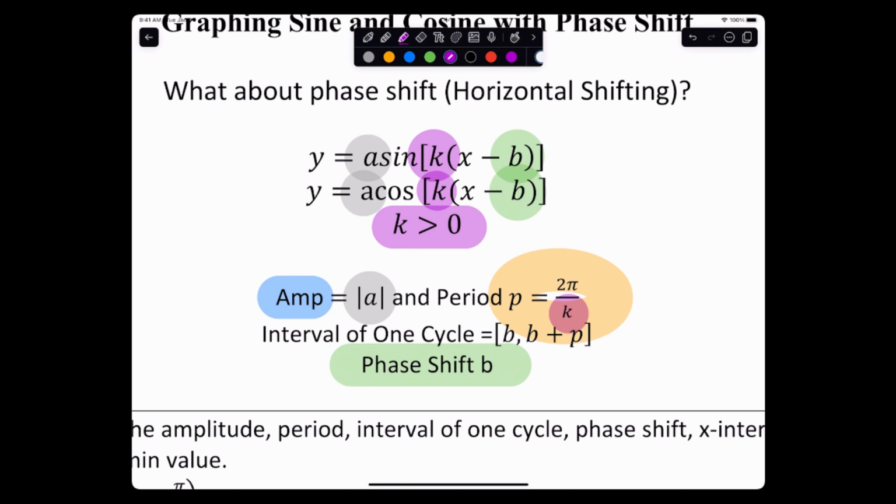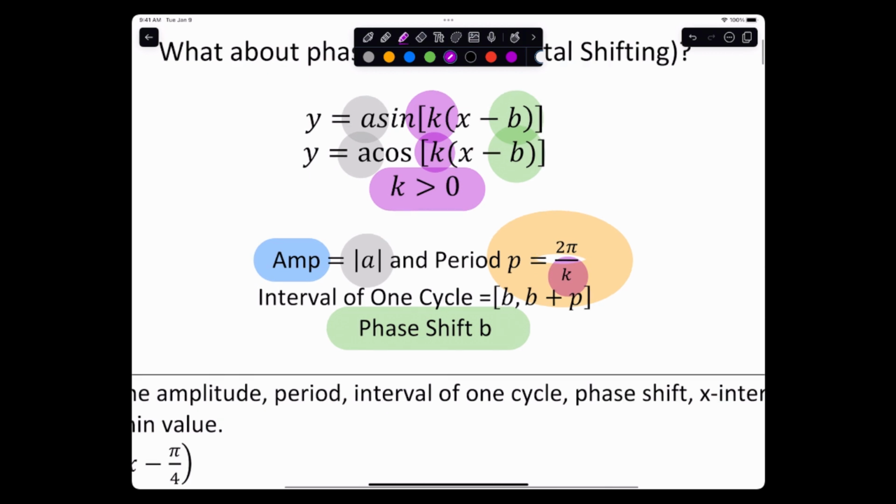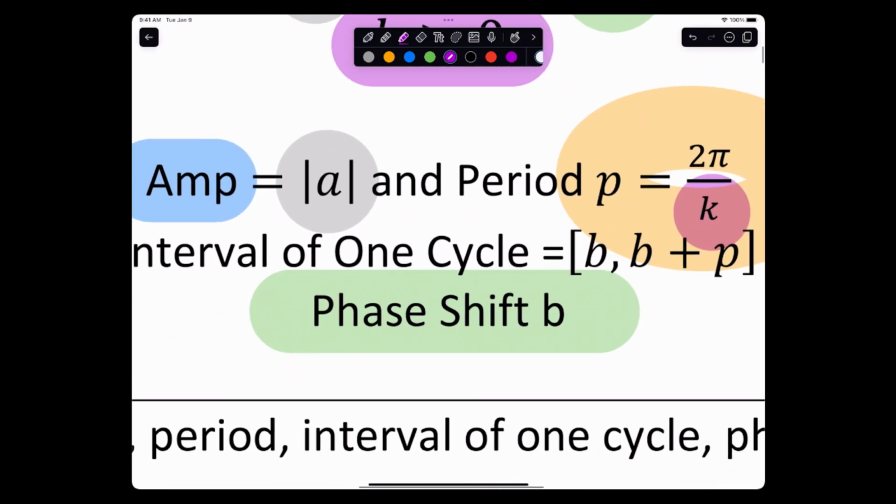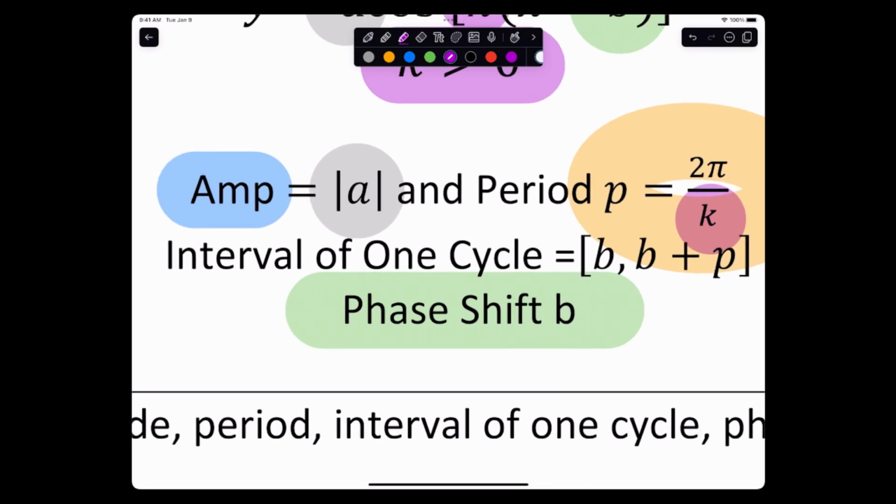Now, you might say, okay, but what is new? What's also new here, ladies and gentlemen, is that the interval of one cycle will actually be different.